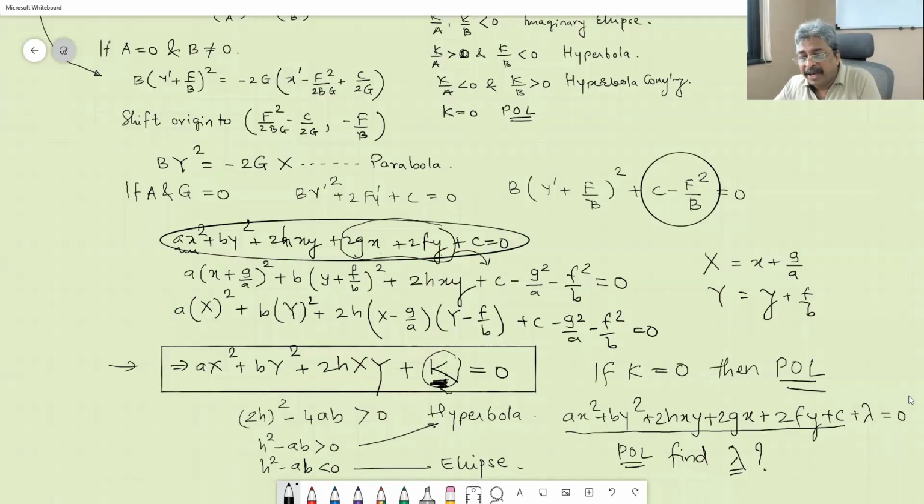Now this g by a which I am writing here is a mistake. What you need to do is shift the origin to, say, alpha comma beta.